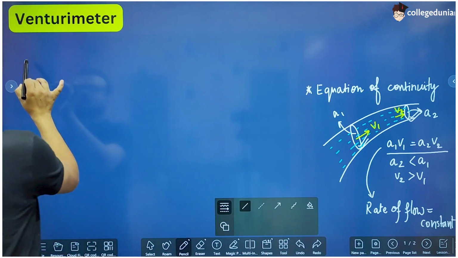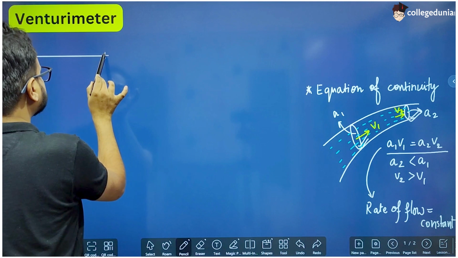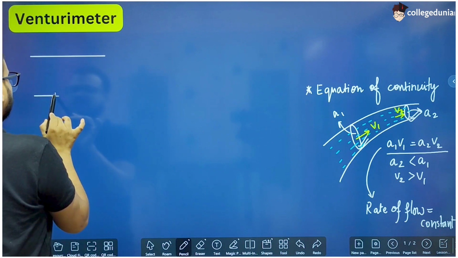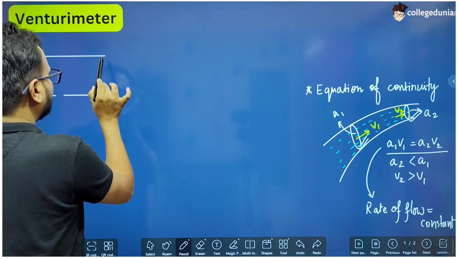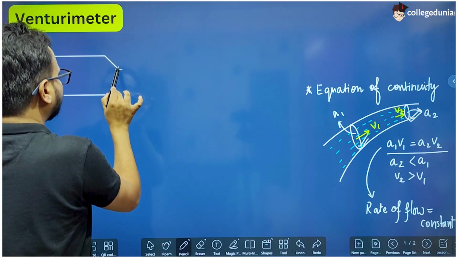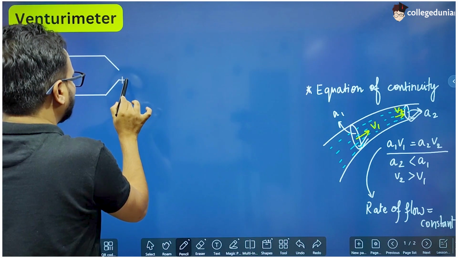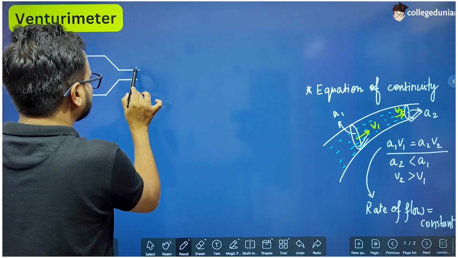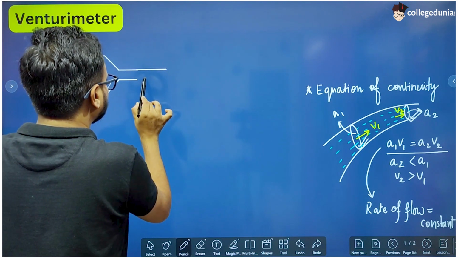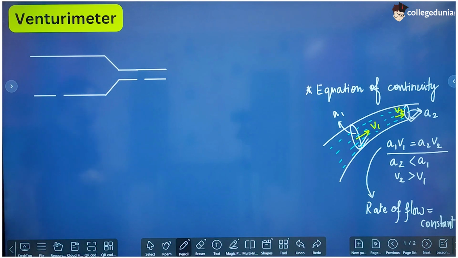Okay. What is the design of Venturimeter? Venturimeter has two parts. One part is of broader area of cross section, and there is another part which is of narrow area of cross section. Right?